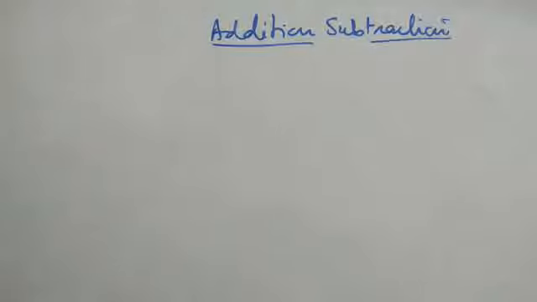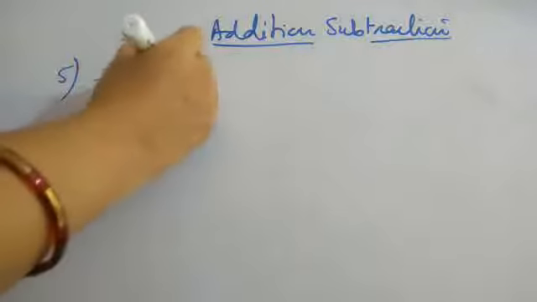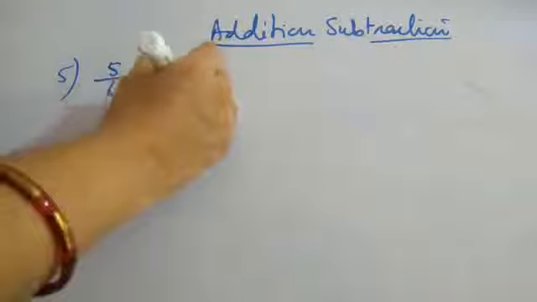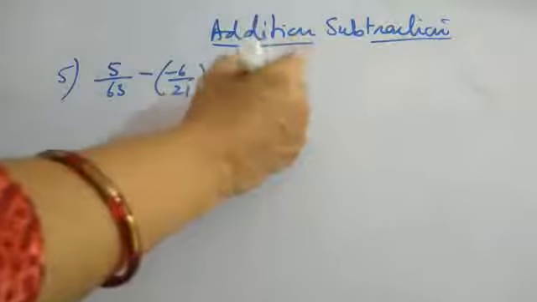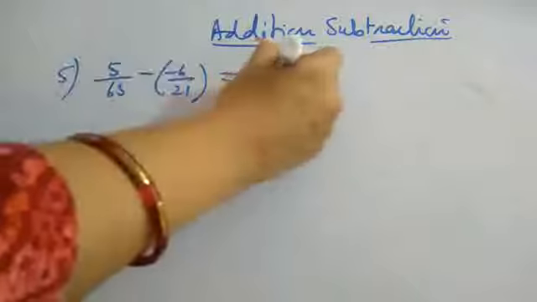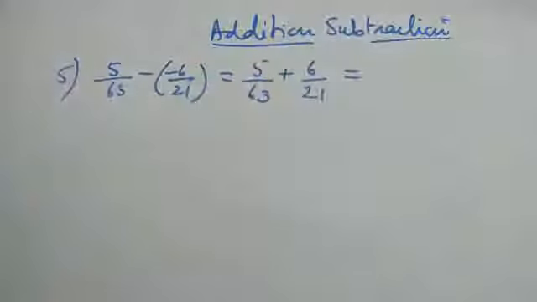Now two examples on subtraction. Let us take the fifth one. 5 upon 63 minus 6 upon 21. So now first of all simplify. This minus will become plus, so plus 6 upon 21. Okay.